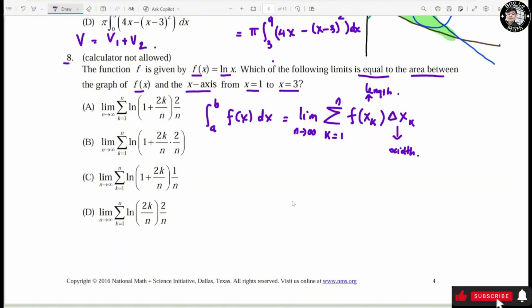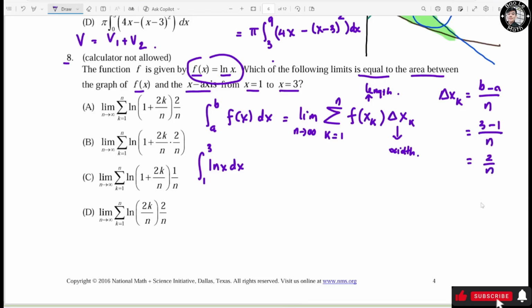So in this situation, we need to calculate the integral from 1 to 3 of ln s ds. The function f of s is right here. Now delta s is given by the formula (b minus a) over n. With b equals 3 and a equals 1, it's 2 over n.